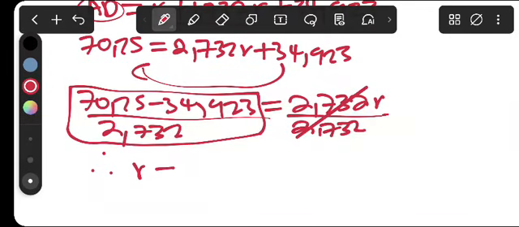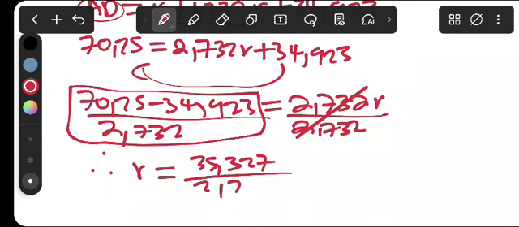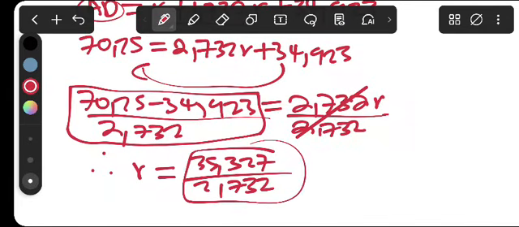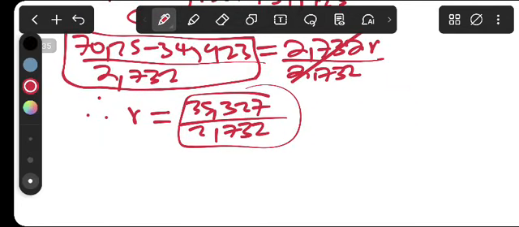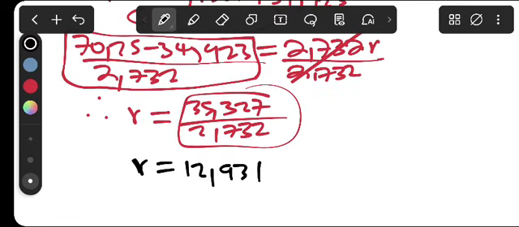If I must subtract this, we will have 35.37 over 2.732. If I punch this, I will get R to be equals to 12.931.